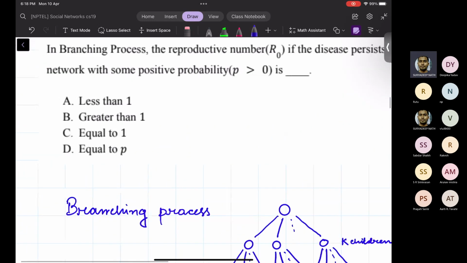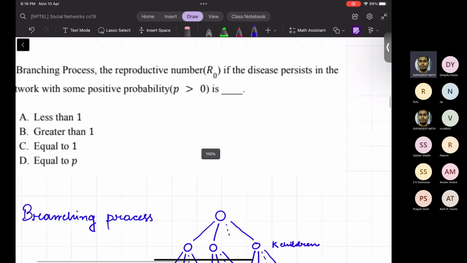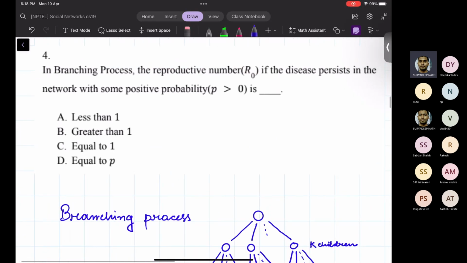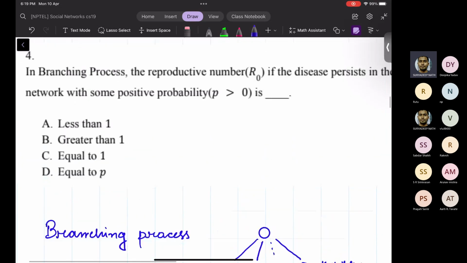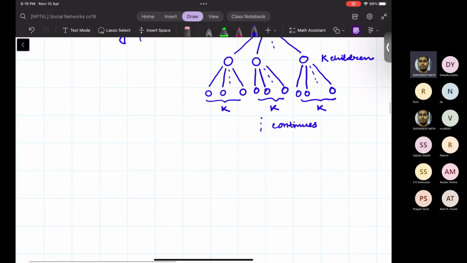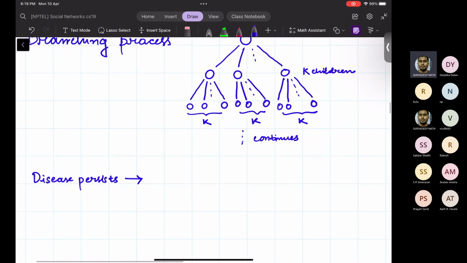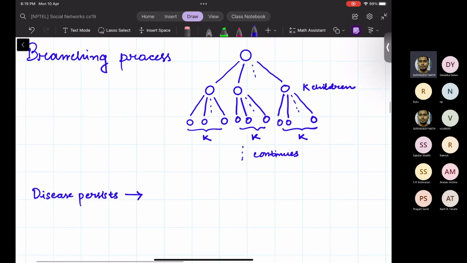So what the question is asking is, in a branching process, the reproductive number if the disease persists in the network with some positive probability. So disease persists means, let us call these levels: level 0, level 1, level 2.